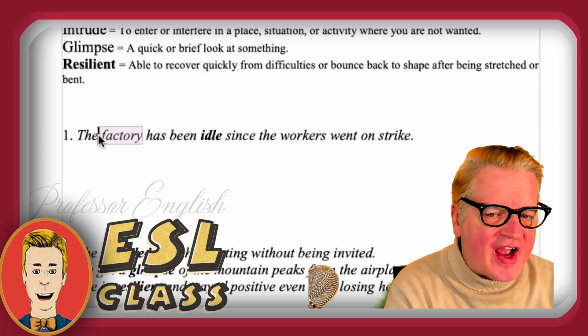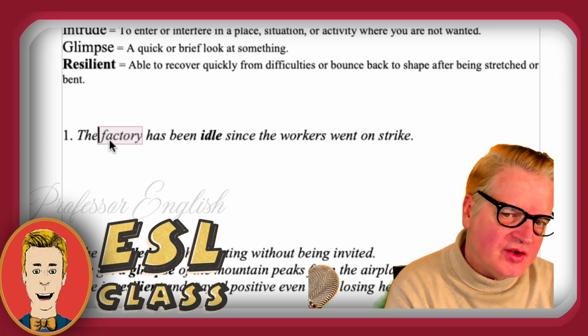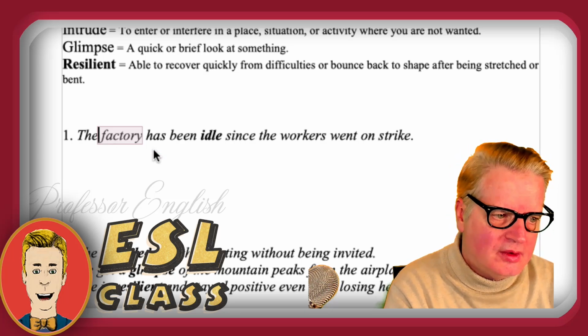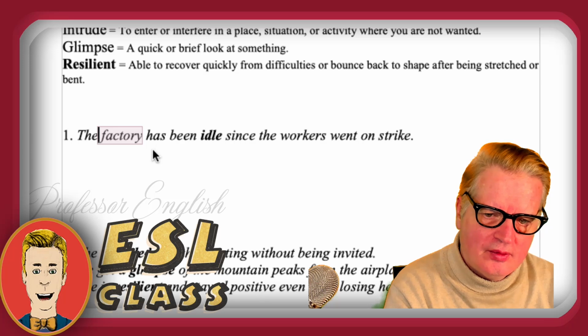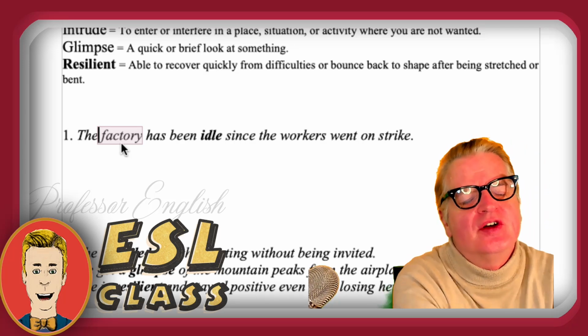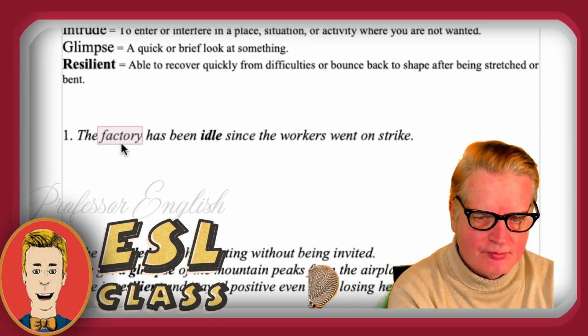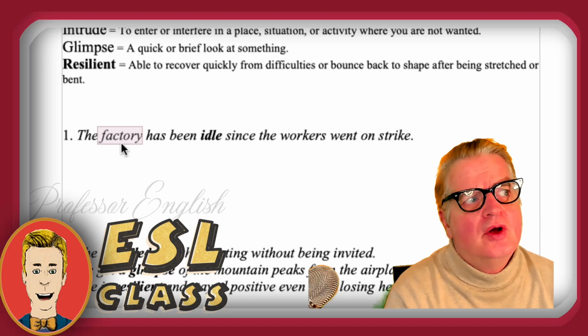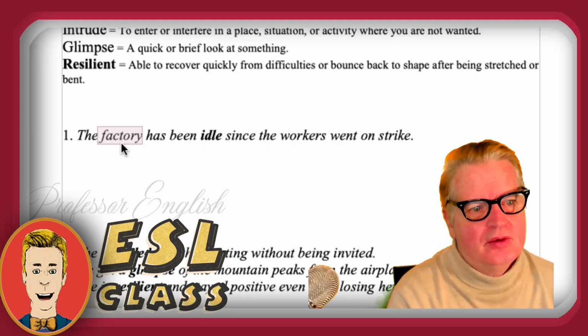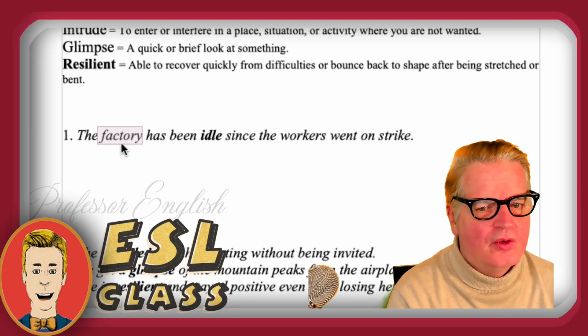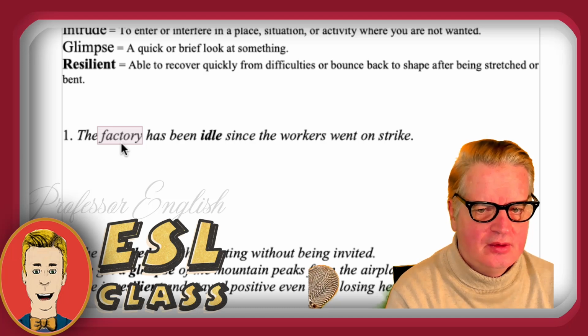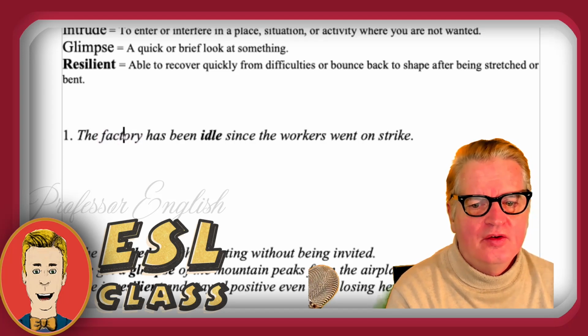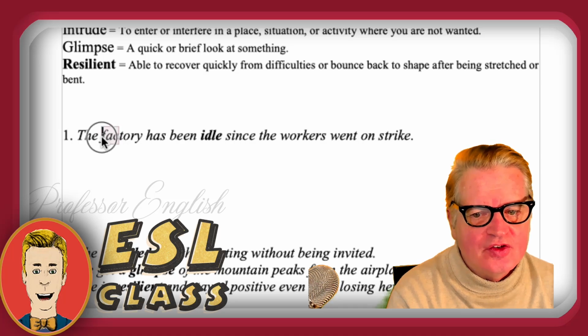Now, in that word factory, which syllable has all of the power? Second syllable. Is it victory or factory? So it will be the first. Factory. Factory, the first syllable.